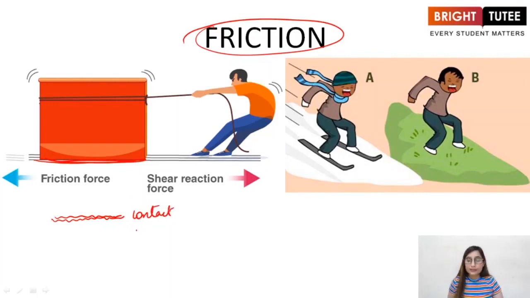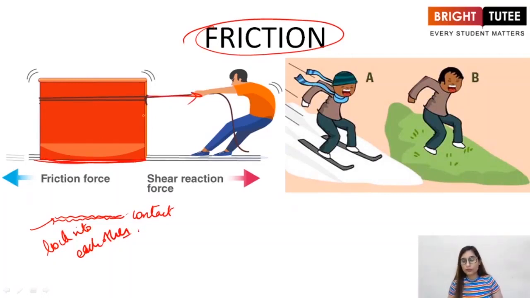Every smooth surface has some roughness. Basically, if a surface appears smooth to you, it still has some rough parts on it, right? These rough parts of the surfaces lock into each other, right?